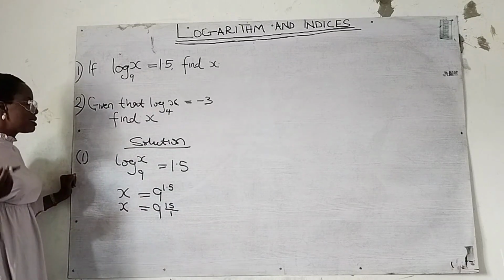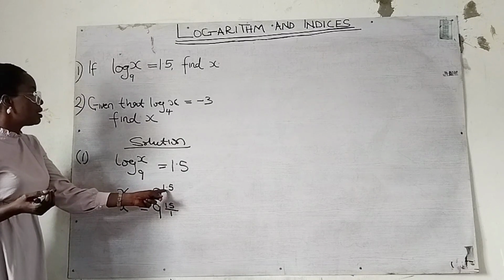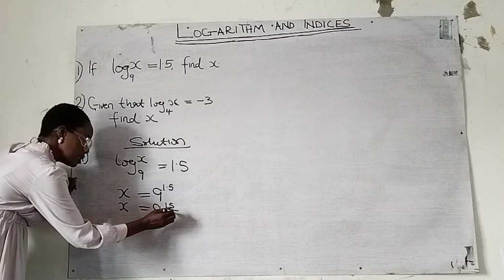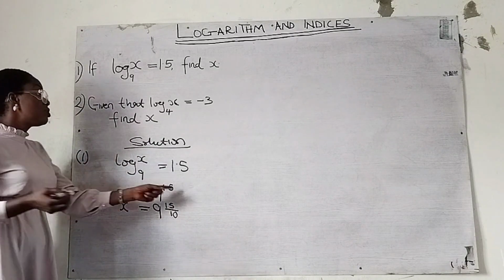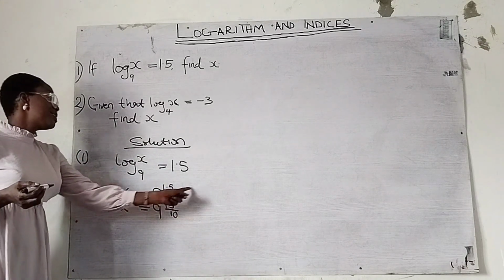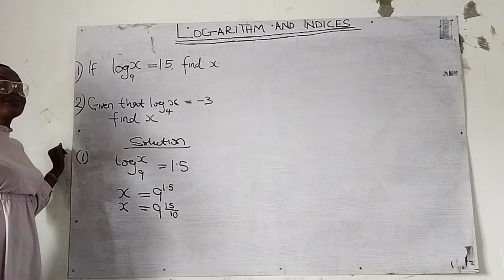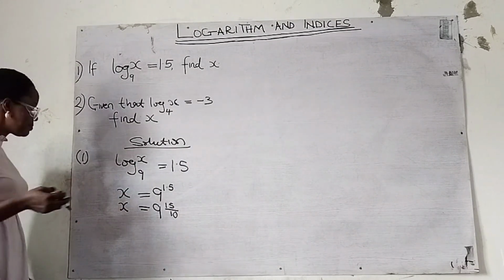Then I ask myself, after this decimal point, how many digits follow? Only 1. Therefore, I put 10 here. If it is 2 digits, I put 100. That's how it works. Remember those primary school days mathematics, that's it here.